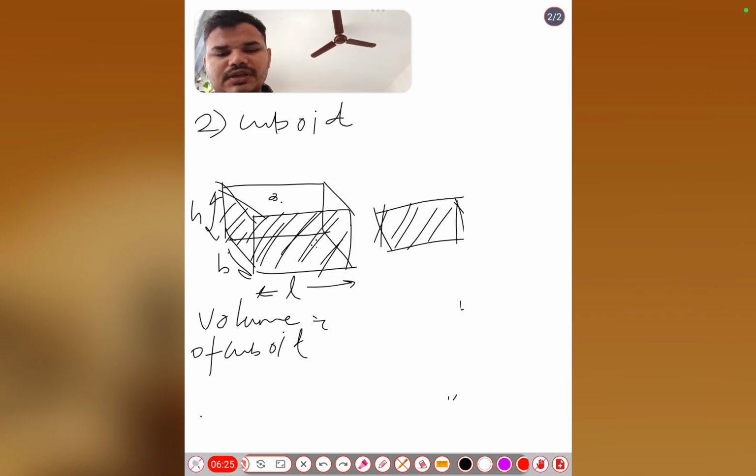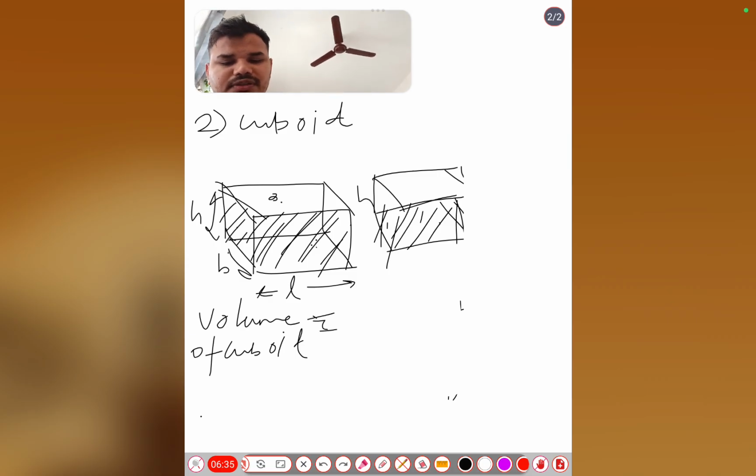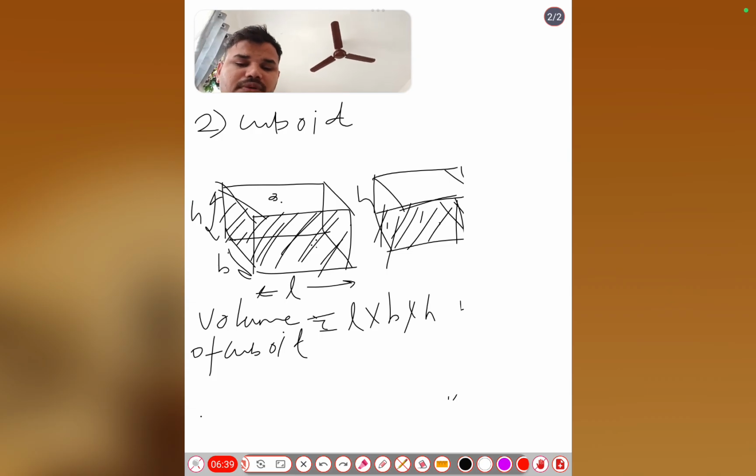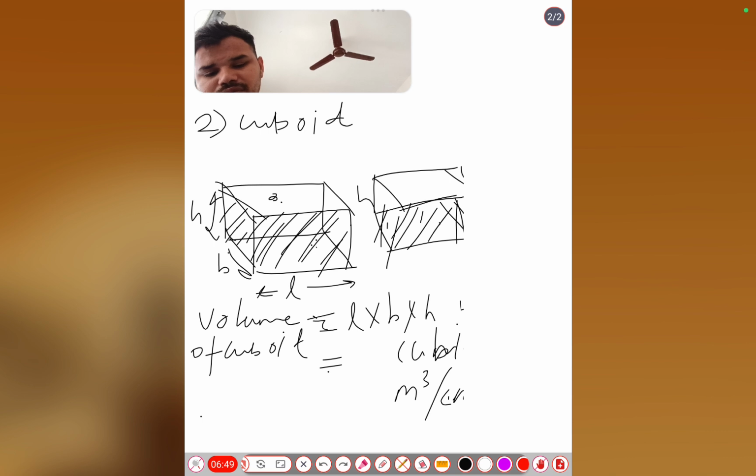Whenever the height is increased, the volume increases, so simply L into B into H. So we get the volume, and its unit is cubic centimeter or cubic meter, that is meter cube or centimeter cube, whatever value is given.